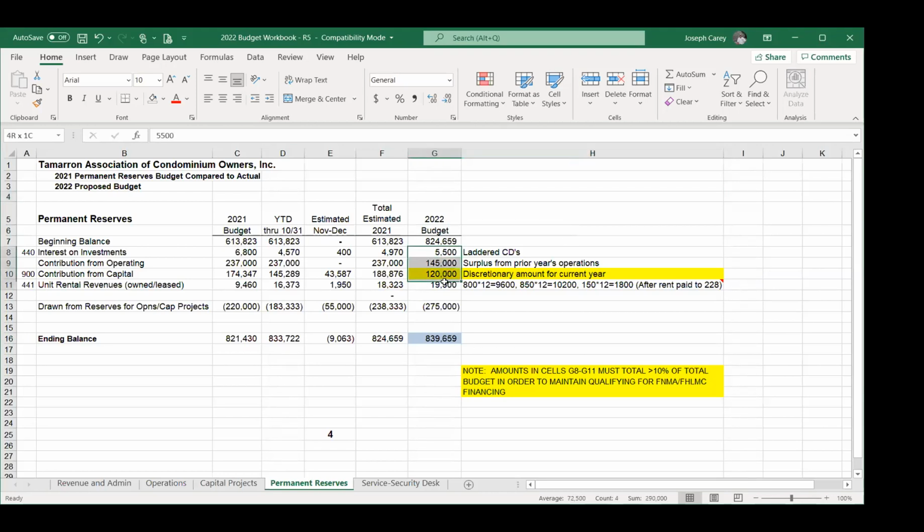These four numbers right here comprise our contributions to reserve in a given year, or what they're proposed to be this year. Our interest on our investments keeps going down because interest rates are going down. But who knows, with everybody talking about inflation now, they might start to go back up again.